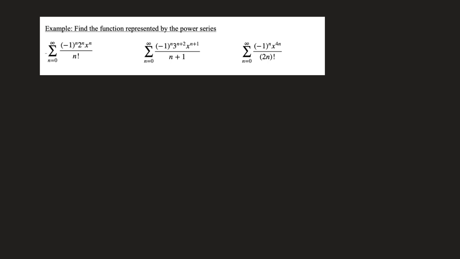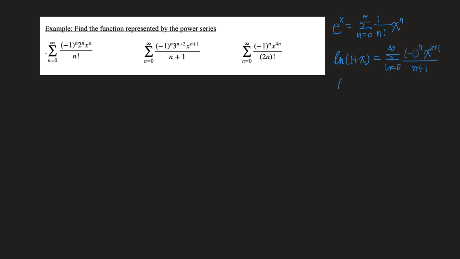So I'm going to give the 3 Maclaurin series for this question, okay? First one is e^x, which is the summation n equals 0 to infinity of 1/n! x^n. Second, ln(1 + x) is the summation n equals 0 to infinity of (-1)^n x^(n+1)/(n+1).